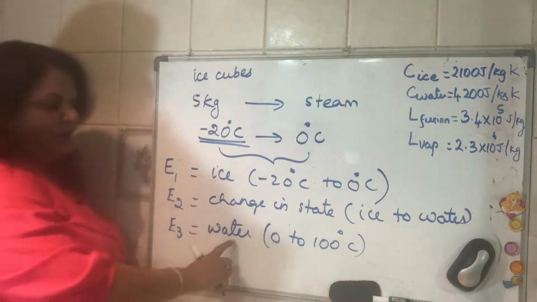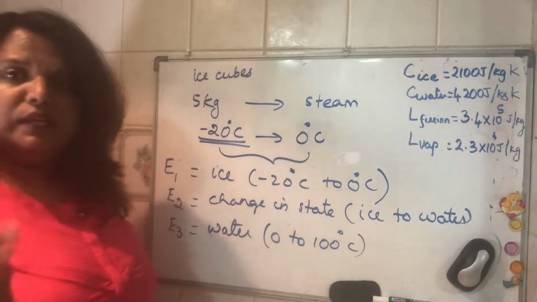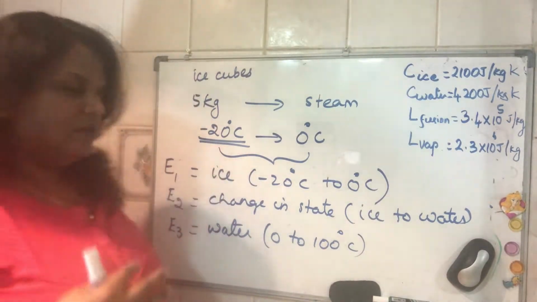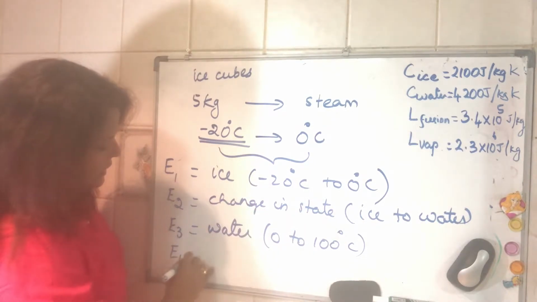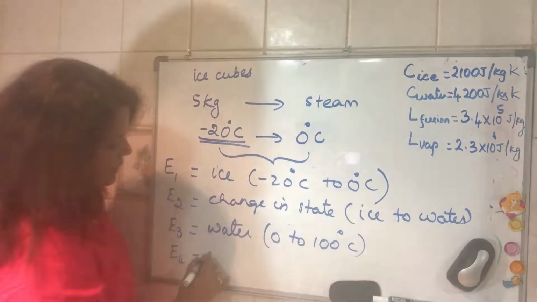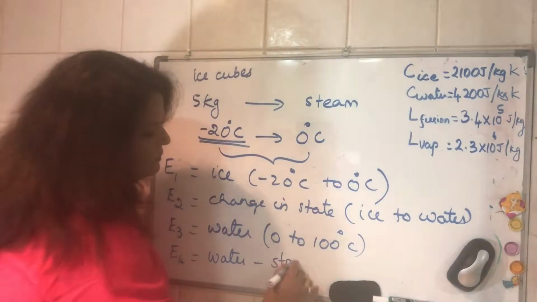After reaching 100 degrees Celsius, will it get converted? No, you still have to supply heat energy, until all of it is converted. So your E4 calculation will be water getting converted to steam.